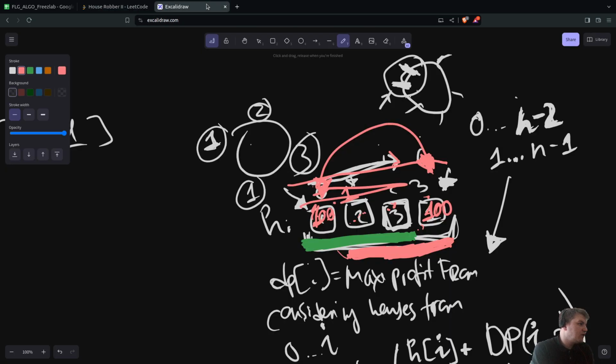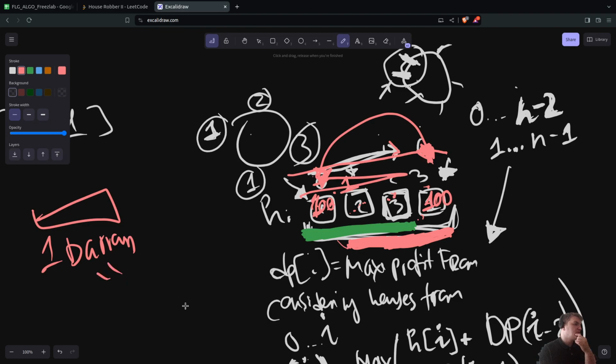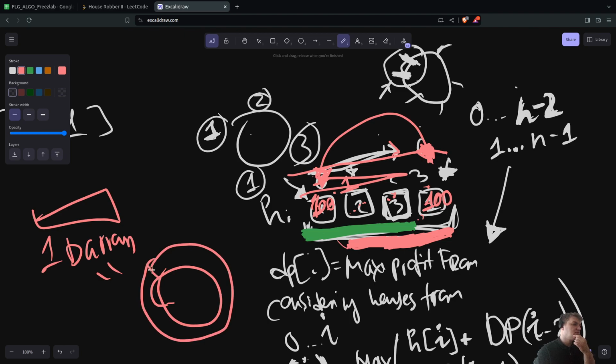But yeah, the idea is pretty cool: how to transition from a one-dimensional problem to a circular problem, with a caveat that the first and the last houses cannot be considered simultaneously.